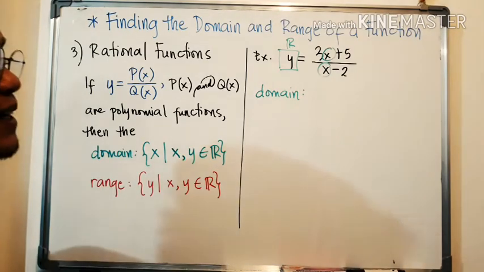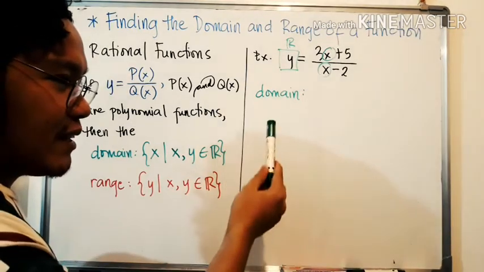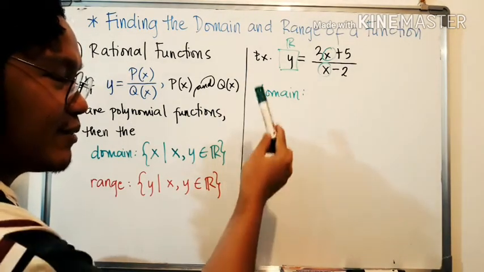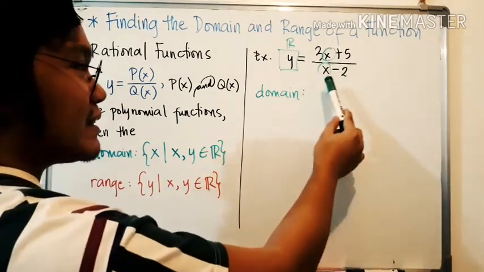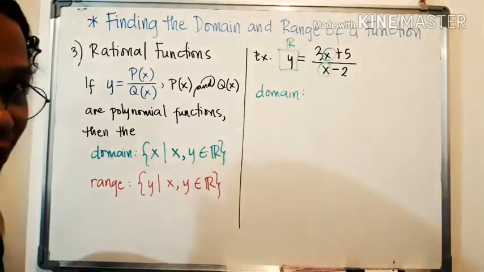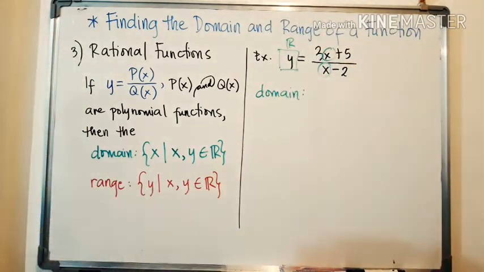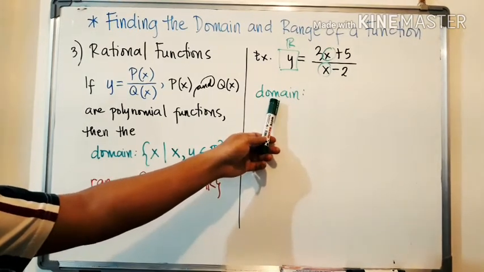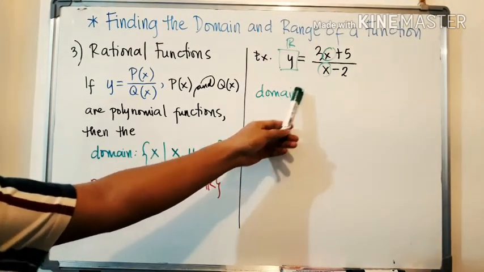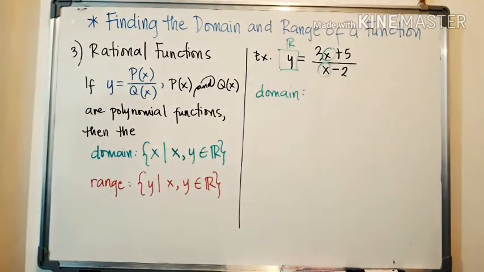Okay, in our basic mathematics, we learn na kapag rational function, if the denominator is equal to 0, then the whole function is undefined. Okay, so para mahanap ang domain natin, we have to find the restrictions since division by 0 is not defined.